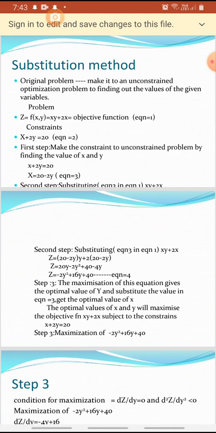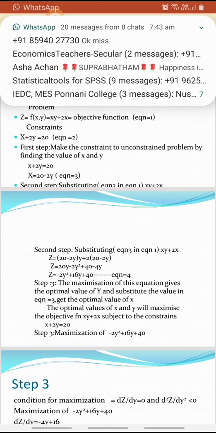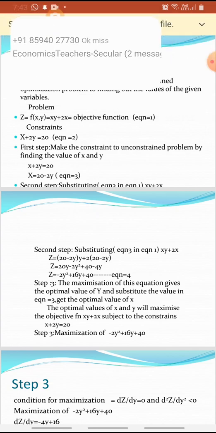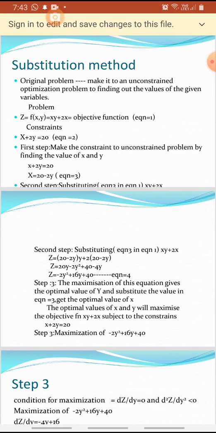The first step is to make the constrained problem an unconstrained one by finding the values of x and y. From x plus 2y equals 20, we find x: x is equal to 20 minus 2y.